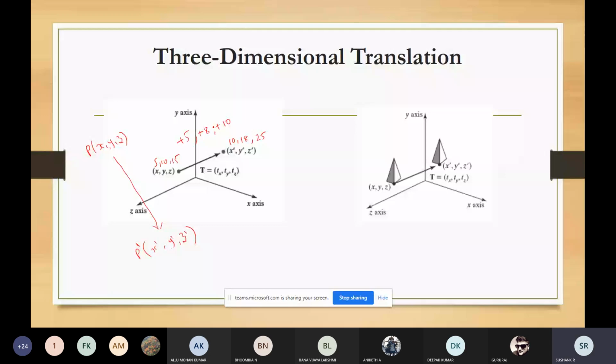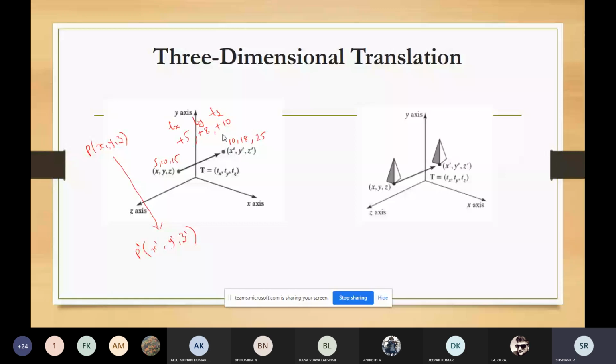We call these values tx, ty, tz. This is the shift vector or translation vector, a term we would have studied in 2D transformations. So tx is added to the x component, ty is added to the y component, and tz is added to the z component of that point P. By this you will get the new translated position.